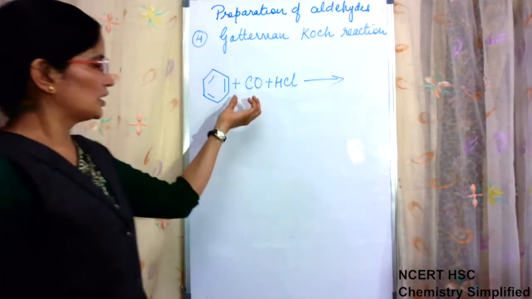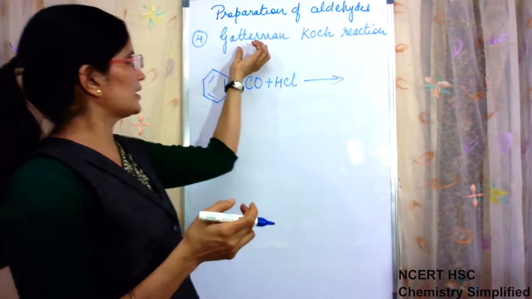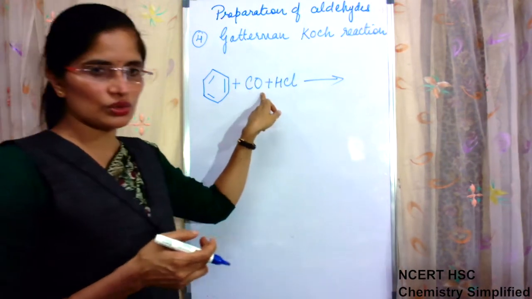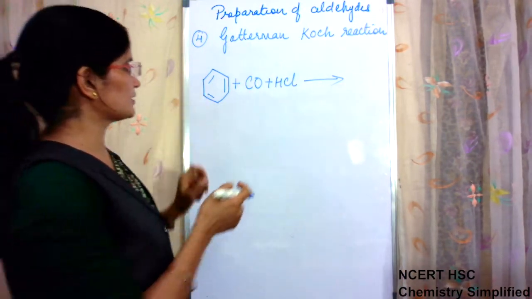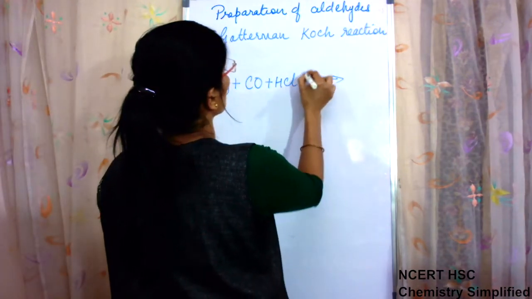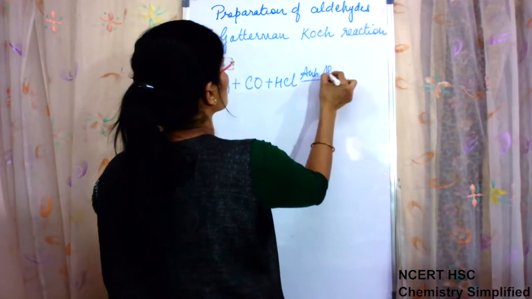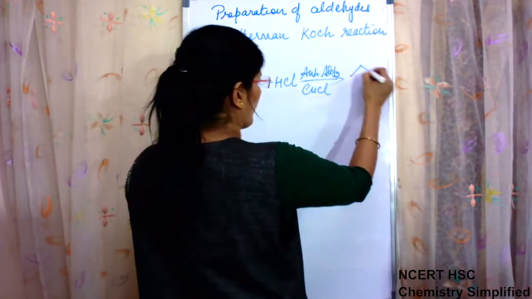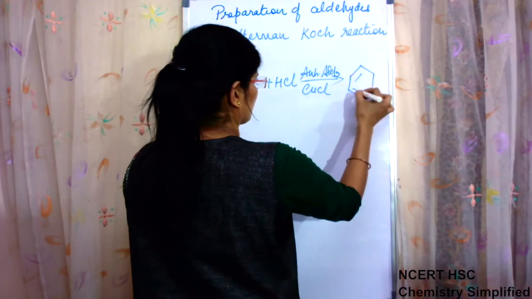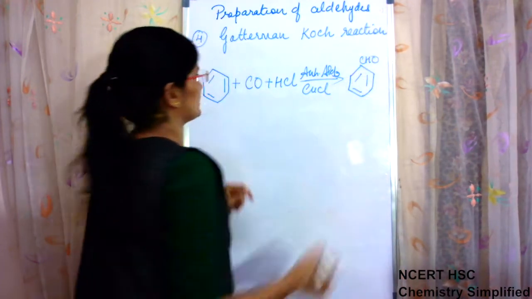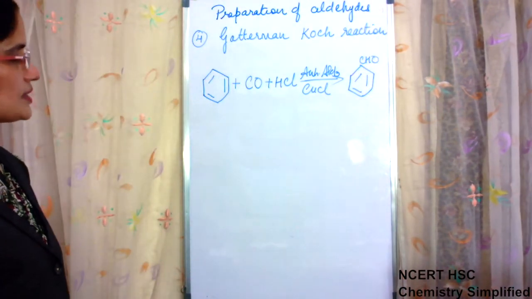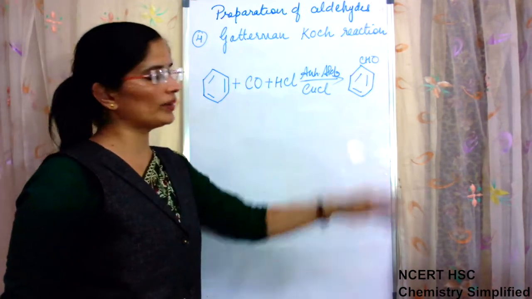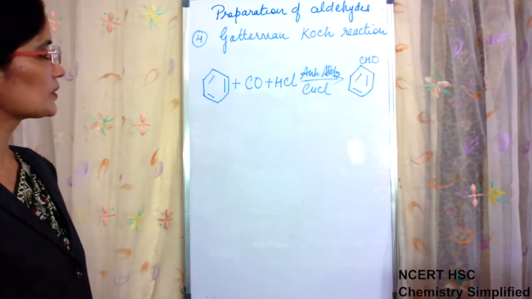The best way to remember in Gattermann-Koch reaction, CO is used as a reagent to react with benzene in presence of anhydrous AlCl3 and CuCl to form benzaldehyde. This is Gattermann-Koch reaction for preparation of aromatic aldehydes. Clear?